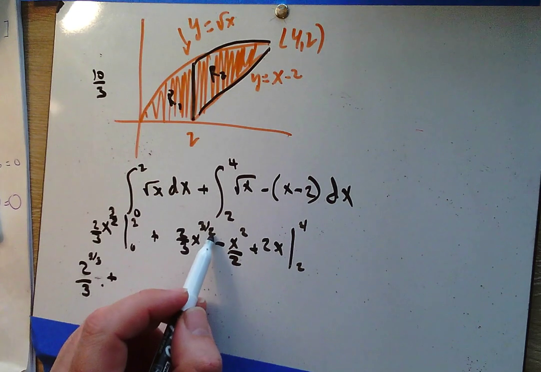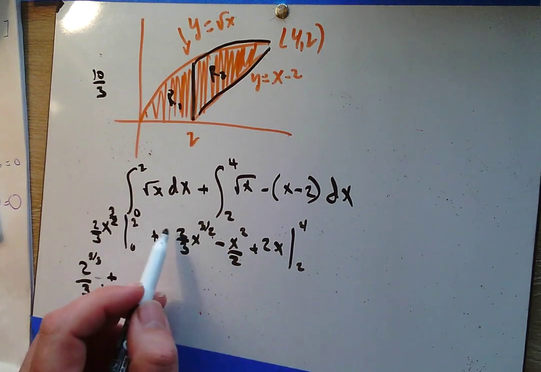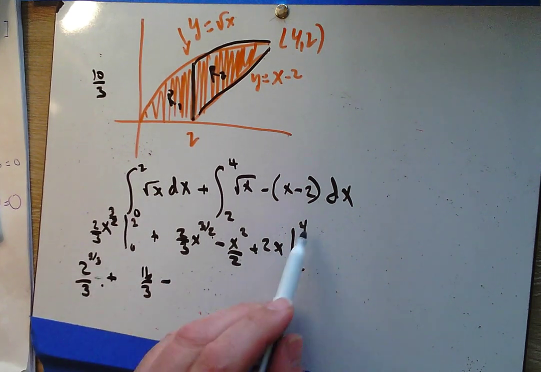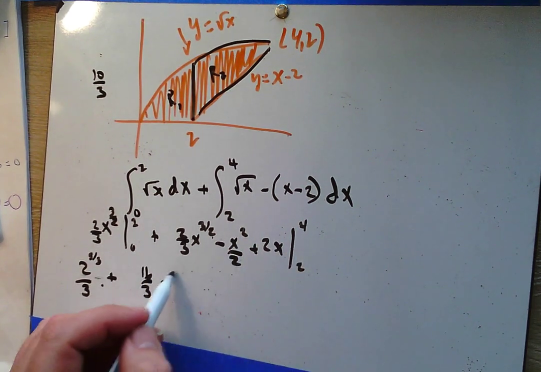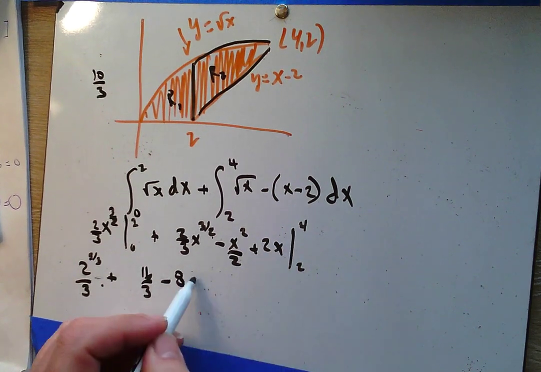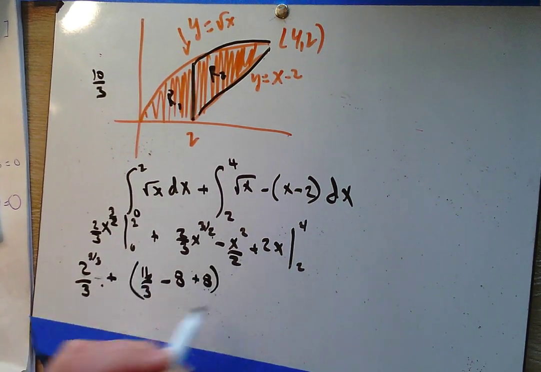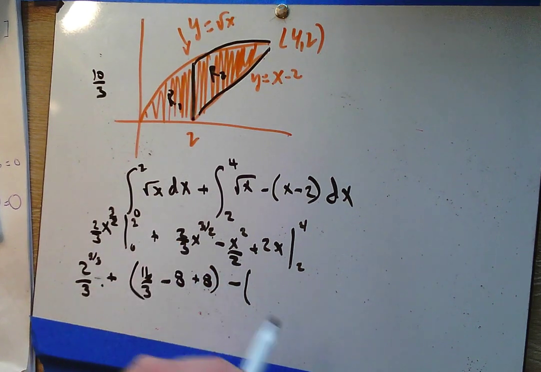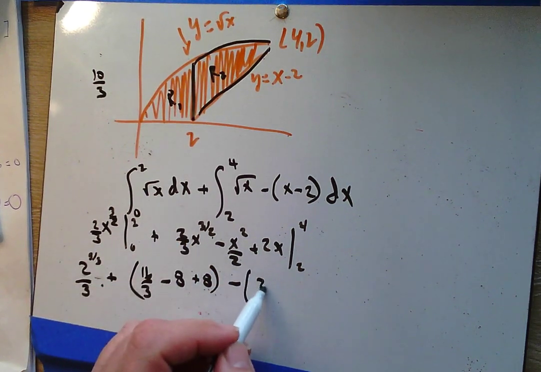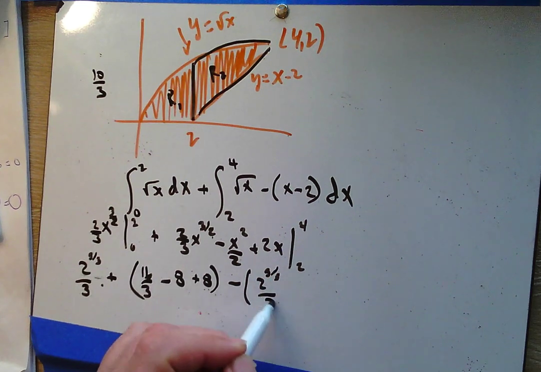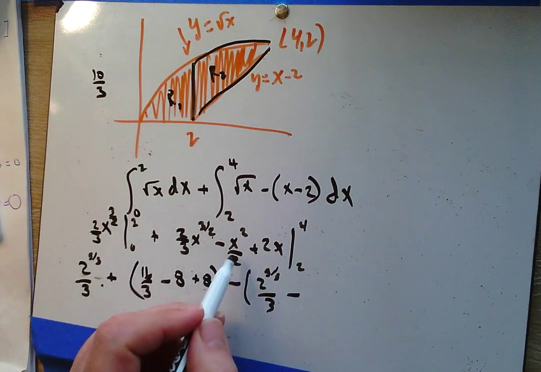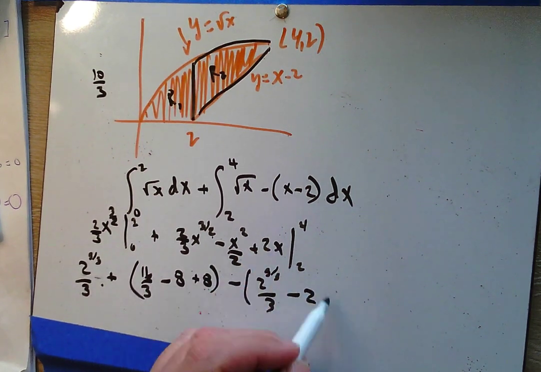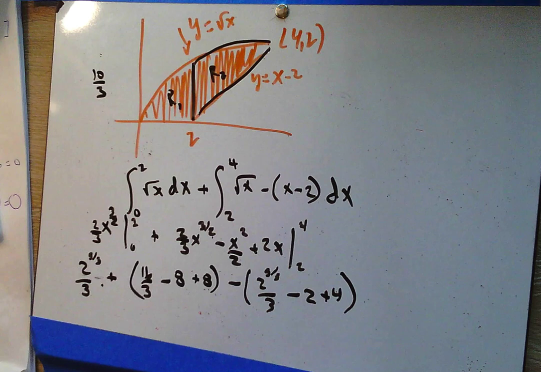We get square root of 4 is 2, 2 to the 3rd is 8, 8 times 2 over 3 is 16/3, minus 16 divided by 2 is 8, 4 times 2 is 8, minus, now we plug in a 2, and we get that 2 to the 5/3 again, over 3, minus 2 squared is 4, 4 divided by 2 is 2, and 2 times 2 is 4.